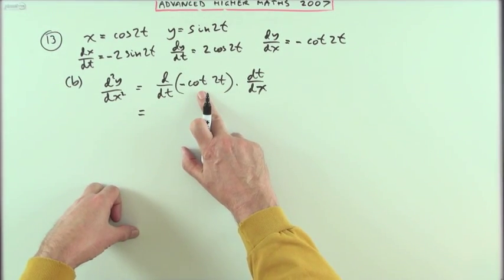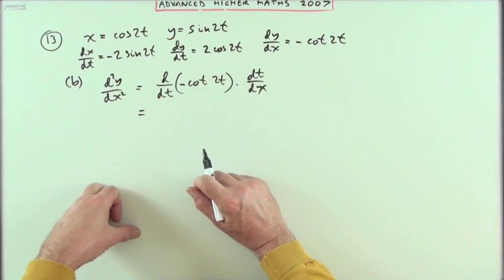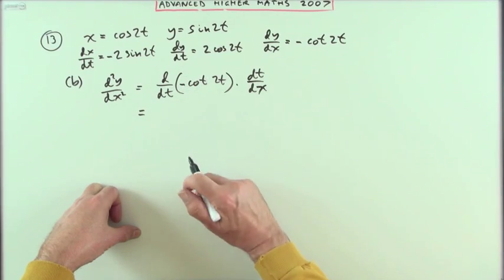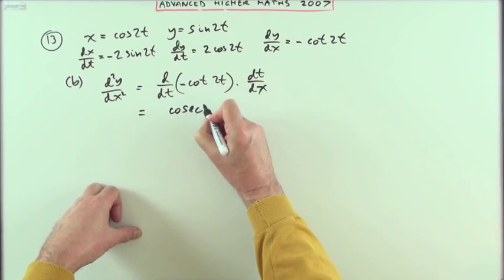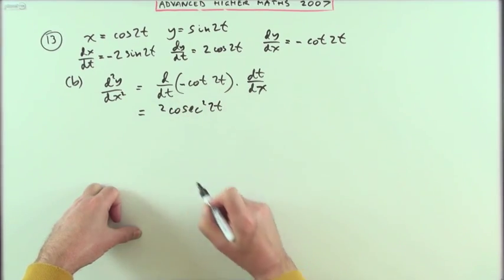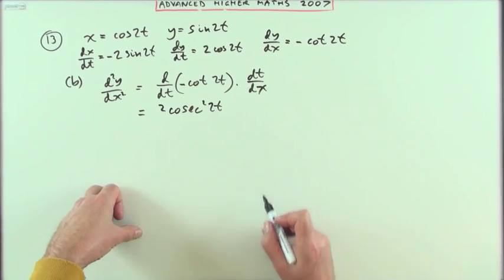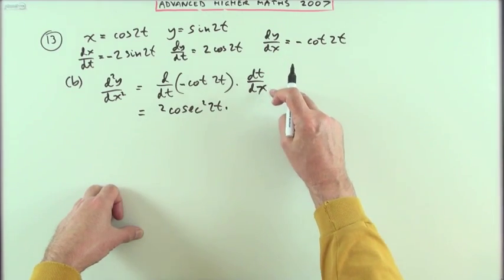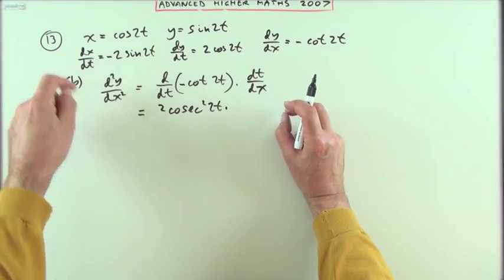Now, the derivative of cot is negative cosec squared. So since I've got the negative already, that will just be cosec squared 2t, acting on a linear function, multiply by its derivative, so 2 times it. Times, and as before, dt by dx will be the reciprocal of dx by dt.